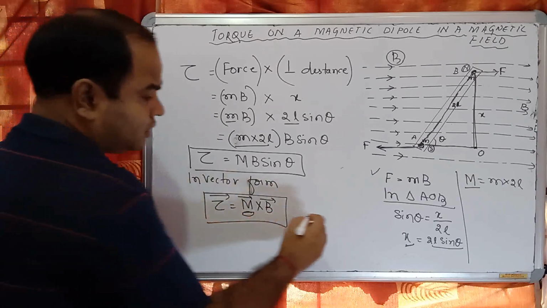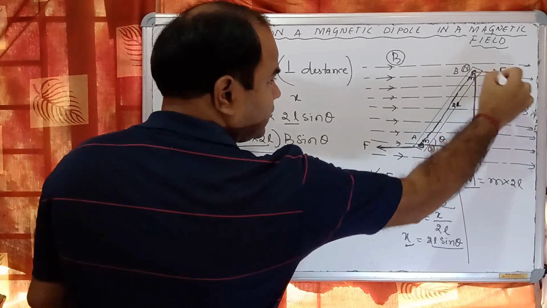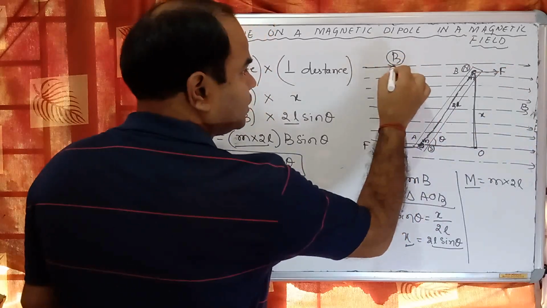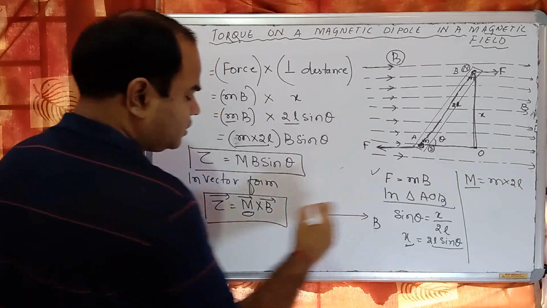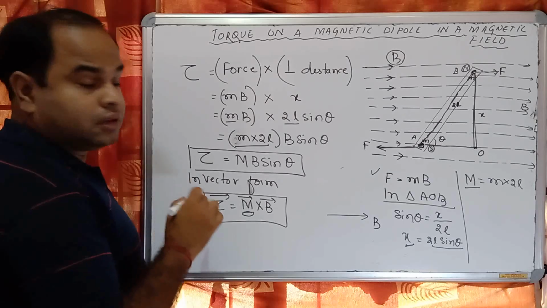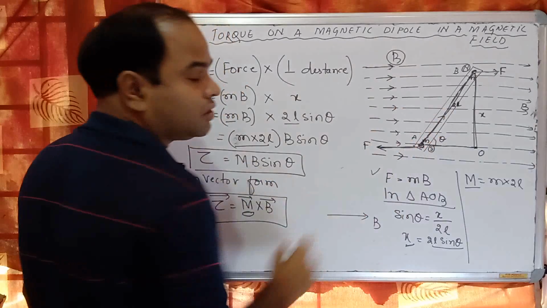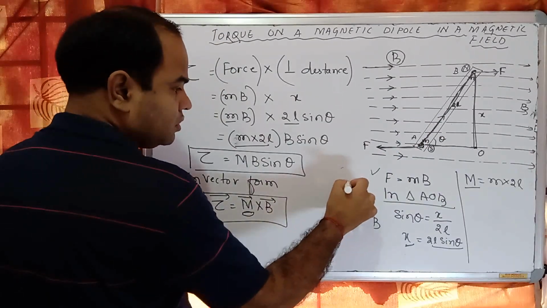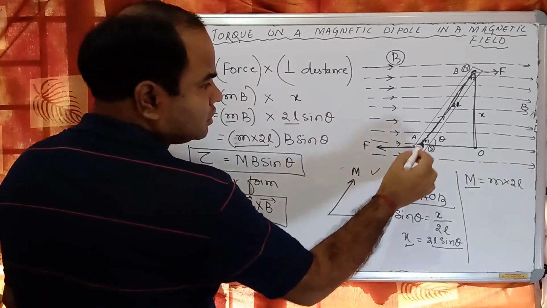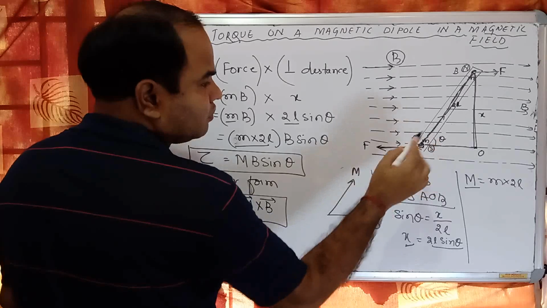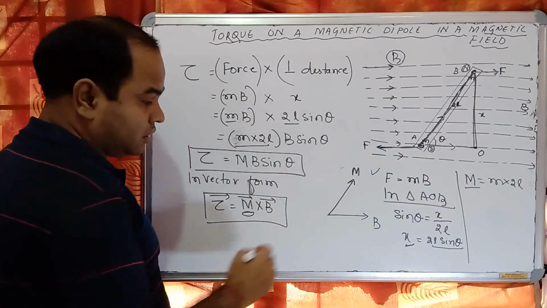If you see, this is the direction of the magnetic field, and the dipole moment direction is from south to north, like this. So this is the magnetic dipole moment direction. The angle between the dipole moment and magnetic field is theta.